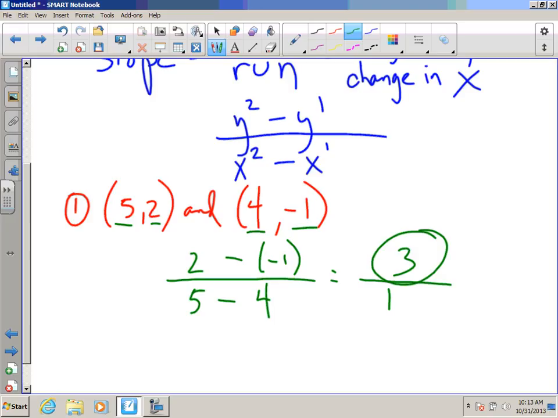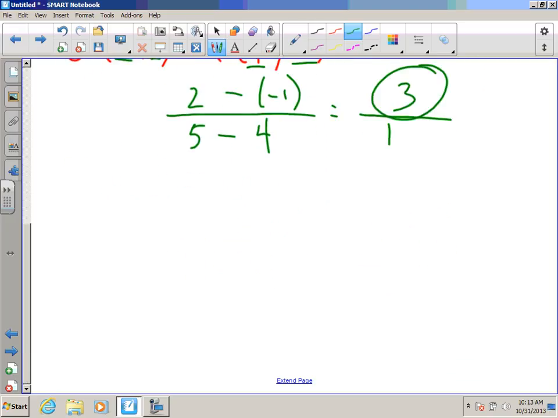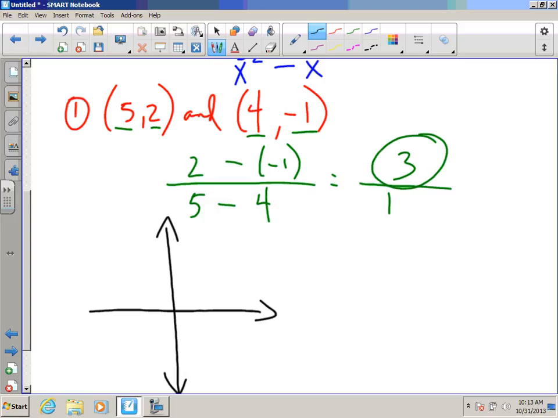Okay. Well, it's a legit question. Let's see. What does 3 mean? Good. You're thinking. Thinking is good. So what do you suggest we do? We know what the slope is. We know what the 2 points are.